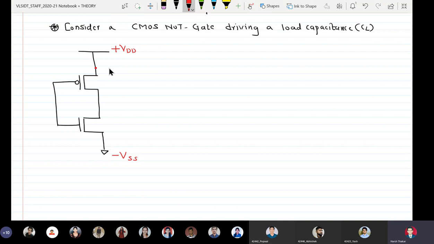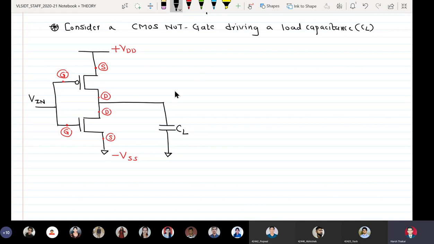So now we have source, drain, drain of NMOS, source of NMOS, gate of PMOS, gate of NMOS, and here we have our input Vin, and from here comes the output, which, as I said, is driving a capacitive load CL.